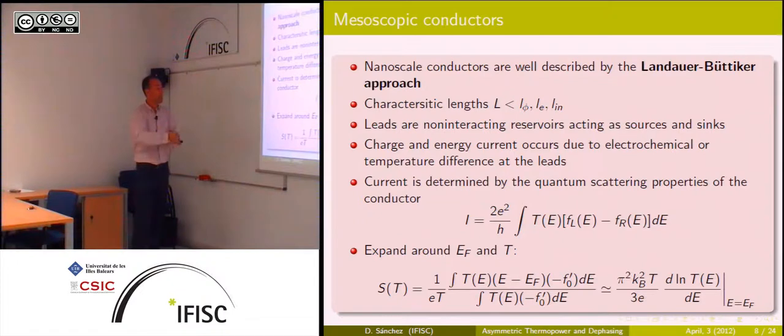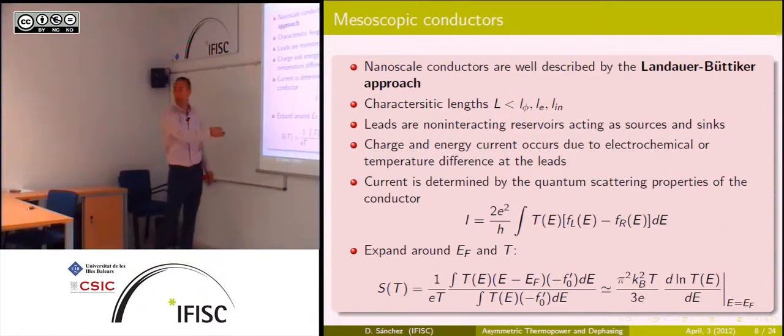Another interesting thing is that the derivative of the Fermi function in equilibrium is even with respect to the Fermi energy, while this function is odd. Now, when the transmission is also even, when it's symmetric above and below the Fermi energy, then the thermopower is zero. When do you have this kind of symmetry?